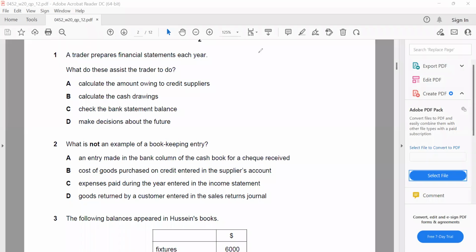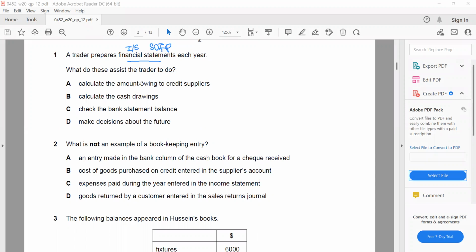A trader prepares financial statements each year. What does this assist the trader to do? We can see the profit from the income statement, and we can see the assets, liabilities and capital, which is the financial position.